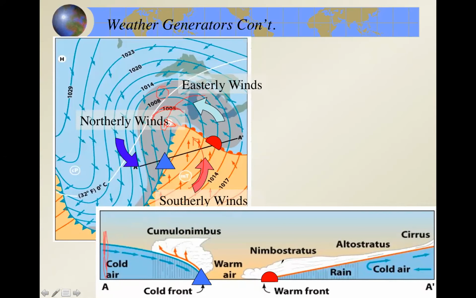If we were looking out here at the warm front, what we have is warm air approaching from the south. That's this line here. Once it intersects with the cooler air, it continues to move to the north, but because it's warmer, it's less dense. And because it's less dense, it starts to rise up over the colder air below it.